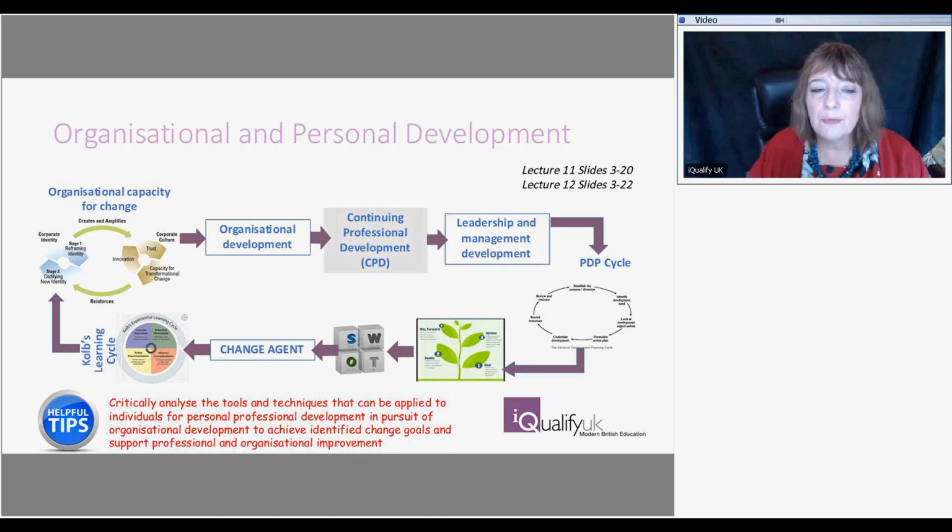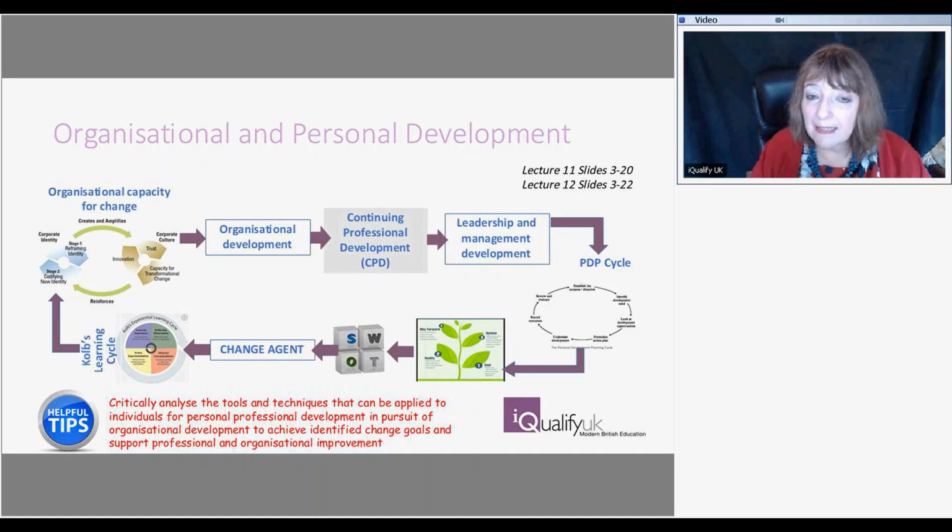And you'll recall that we started off with trying to understand what change meant to an organisation and what sort of capacity it had to actually achieve it. And from that organisational capacity for change, we can draw conclusions of where the organisation needs to develop if it is to achieve its goals.